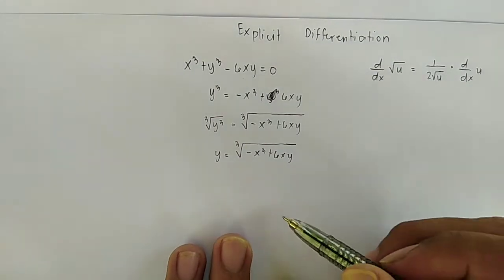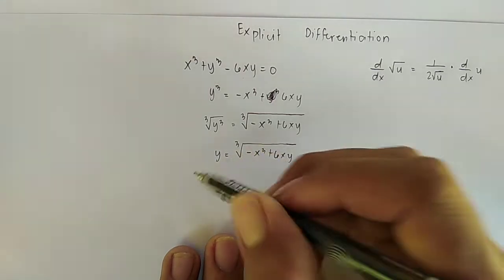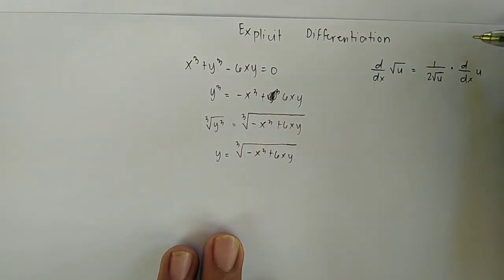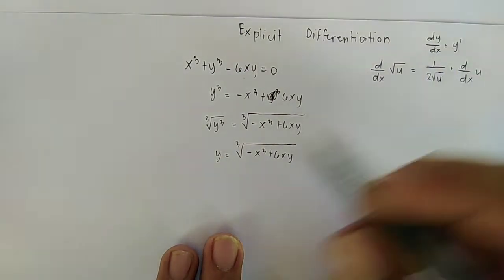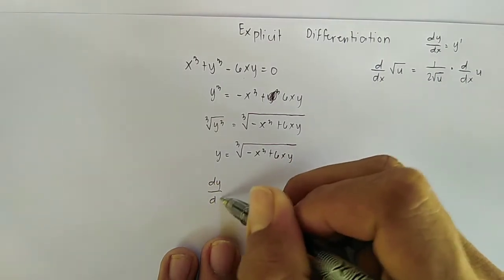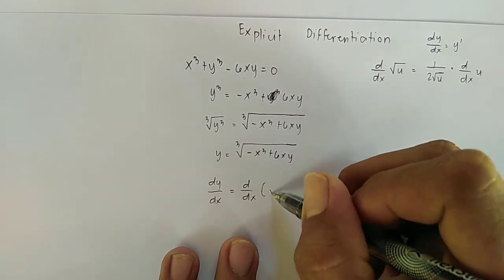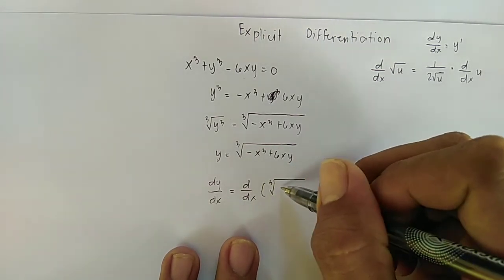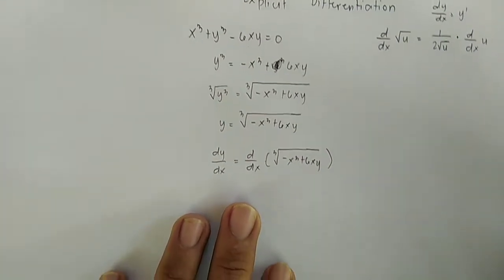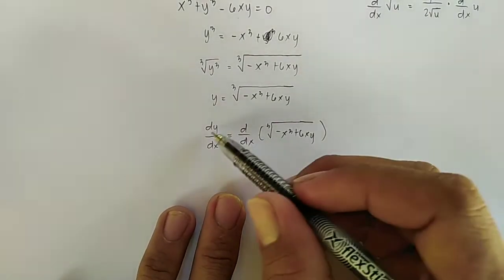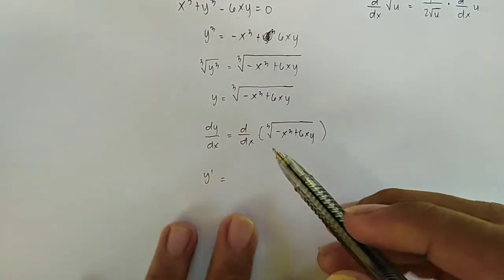So we have here now the derivative. We already know that dy over dx is equal to y prime. So dy over dx equals d over dx of the cube root of negative x cubed plus 6xy.